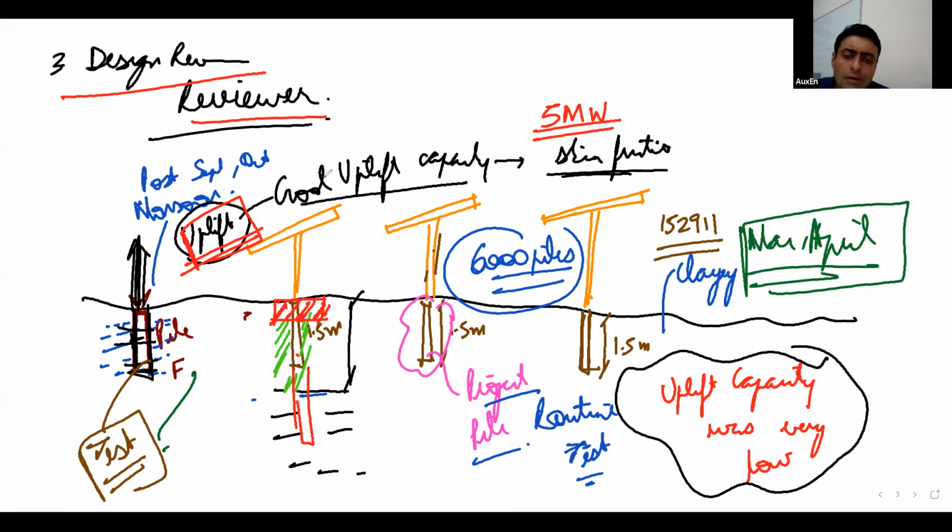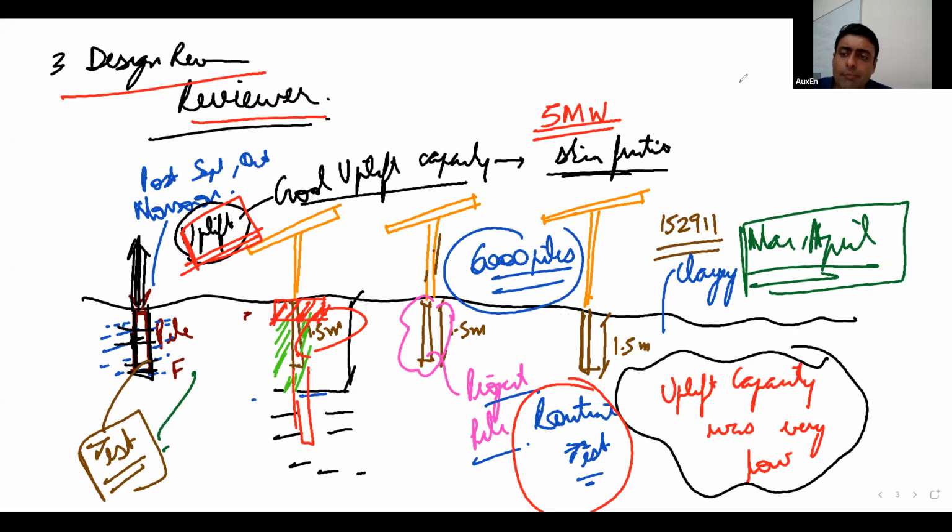From the very beginning we were suggesting that this 1.5 meter pile would not be proper against uplifts. But in their initial tests they got good results. Everyone was in shock after the routine tests when they saw that there was a very low uplift capacity. So what was the remedial measure given by us?